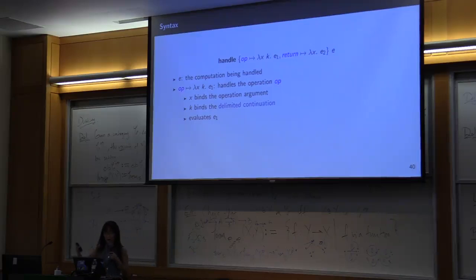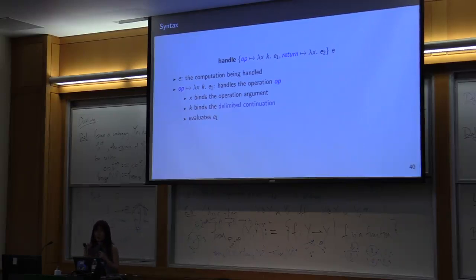I'm going to bind x to the argument you provide to the operation, and I'm going to bind k to the delimited continuation. We will revisit what a delimited continuation is. And afterwards, I'm going to evaluate E1.